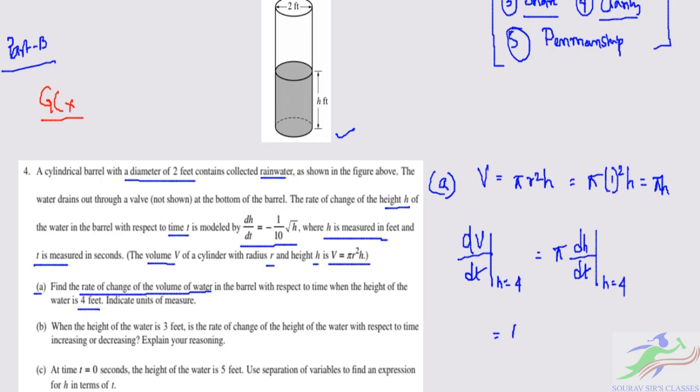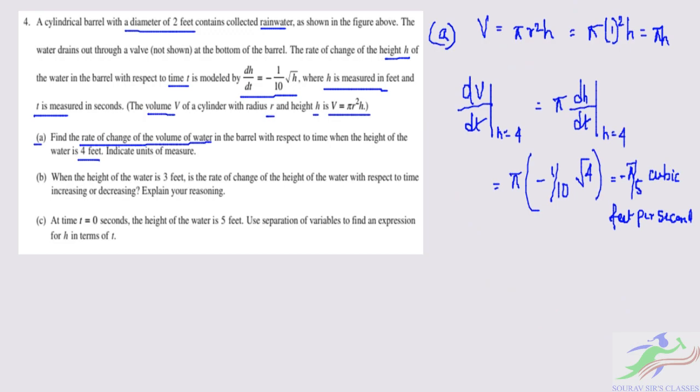So we have π times (-1/10)√4, which is simply -π/5 cubic feet per second. That is the answer to part A. We have to indicate the units of measure, that is cubic feet per second.